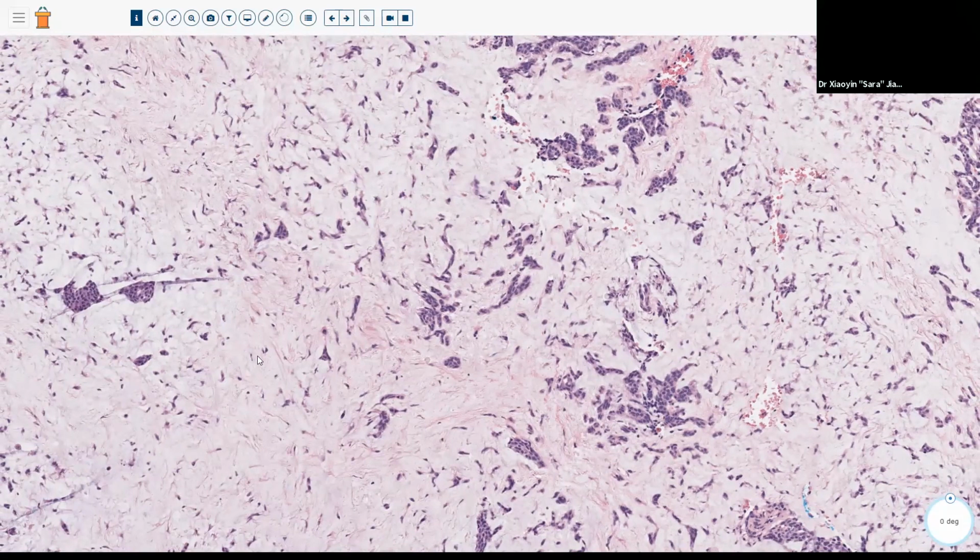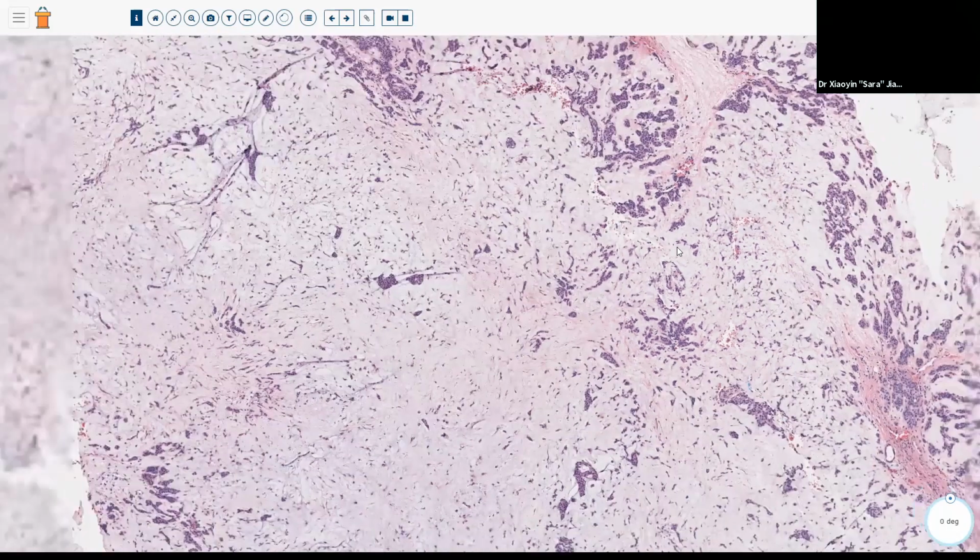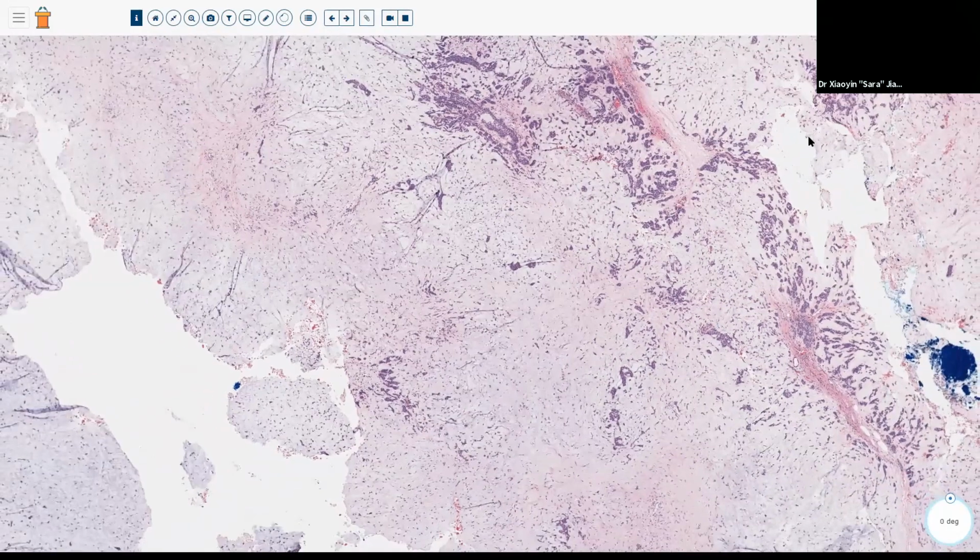Looks really beautiful, magenta on a Diff-Quik stain. And so it can be a little bit problematic preoperatively if you don't get a sample of all of the various components.